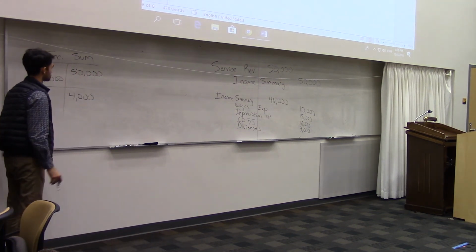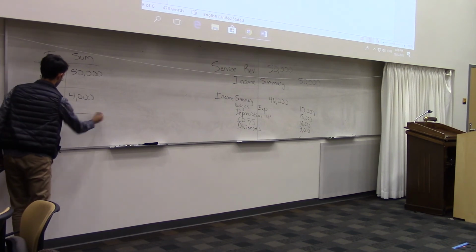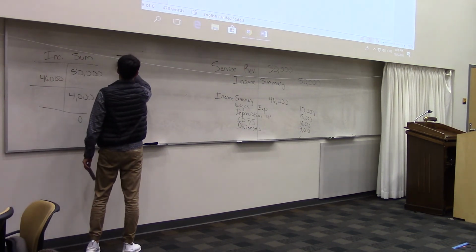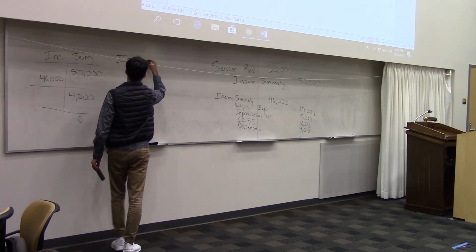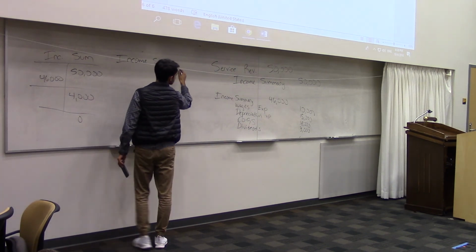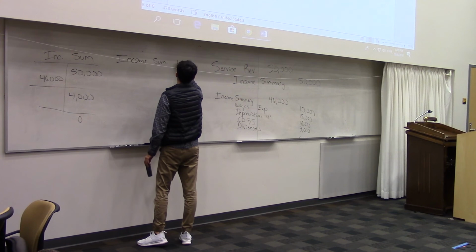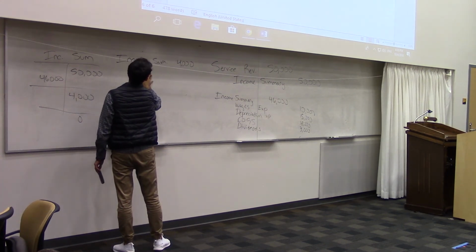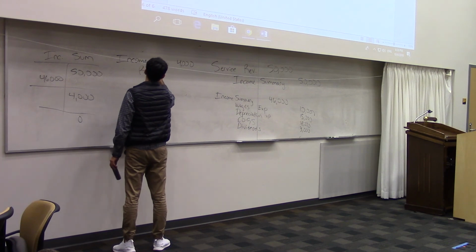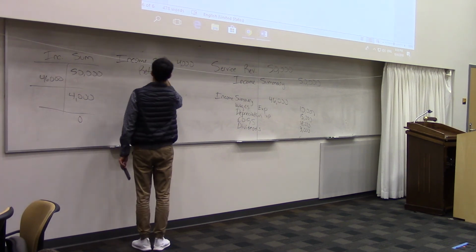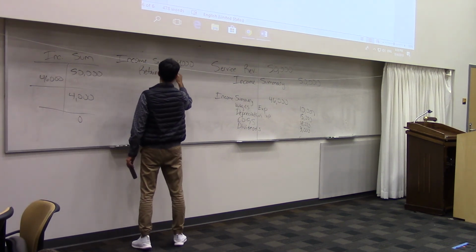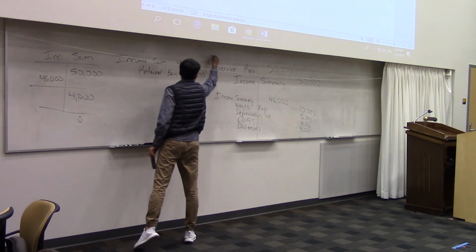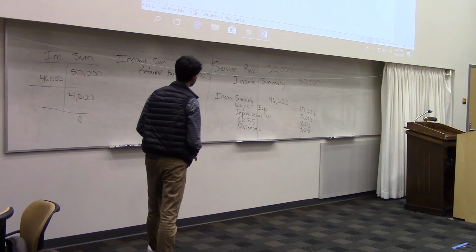Debit or credit? To make this zero. Debit income summary for $4,000 and credit what? Retained earnings. There we go. There's the three journal entries.